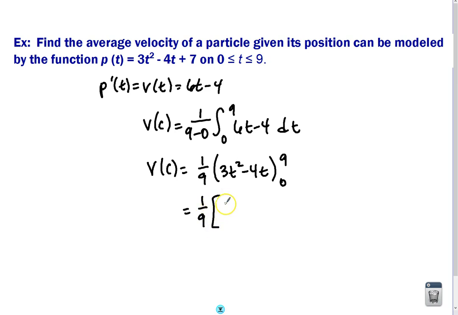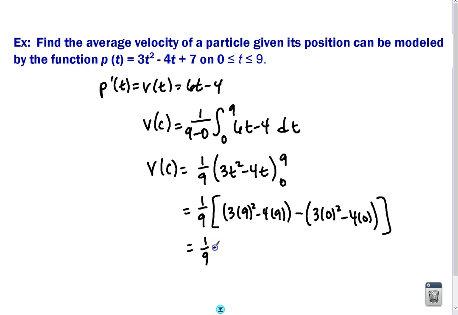1/9 times 3 times 9 squared minus 4 times 9, minus 3 times 0 squared minus 4 times 0. So 1/9 times, let's see, 81 times 3 is 243, and then minus 36 here, and then times 1/9.